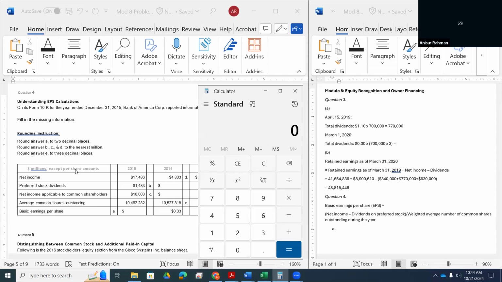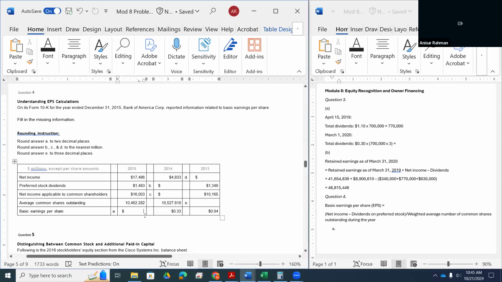Except for per share amounts, except for this amount. So 16,003 divided by 10,462.282. So 1.53. We finally got it.